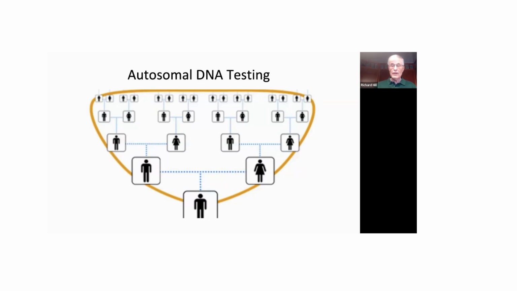And that's because autosomal DNA is a mix inherited from both parents. So the amount of DNA from your ancestors gets cut in half after every generation. As a result, the DNA from more distant ancestors does not stand out. Now, autosomal DNA testing is the least expensive of the three test types and has the largest database of users.